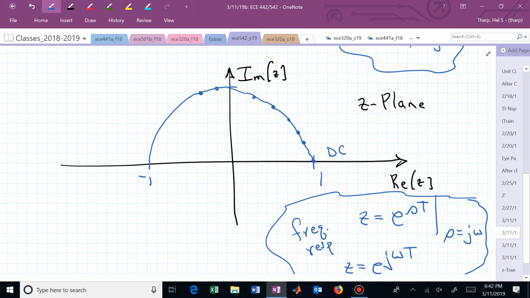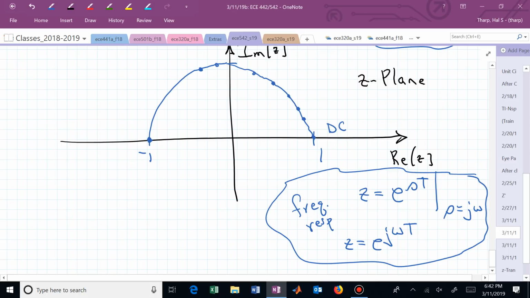That's our frequency response. And what happens when we get over here to -1? Well, if we go any further, we actually are at a conjugate, so we really can't get any higher in frequency. Now we have a finite frequency since we've sampled. Before, we could go infinite in the s-plane, all the way up to infinity on that j omega axis. Now we can only go from 1 to -1.